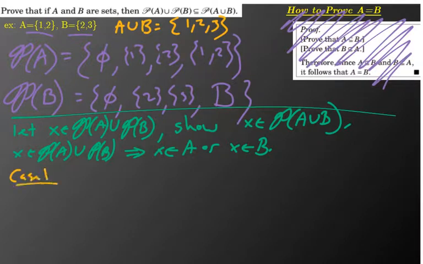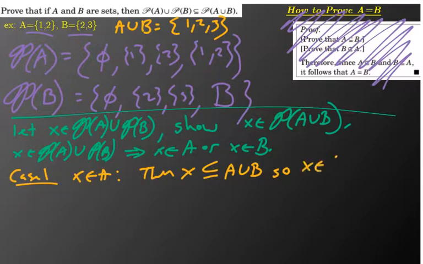Case 1 is X in the power set of A. For this case, X is part of the power set of A union B, right? Because if you're in A, you're in A union B.